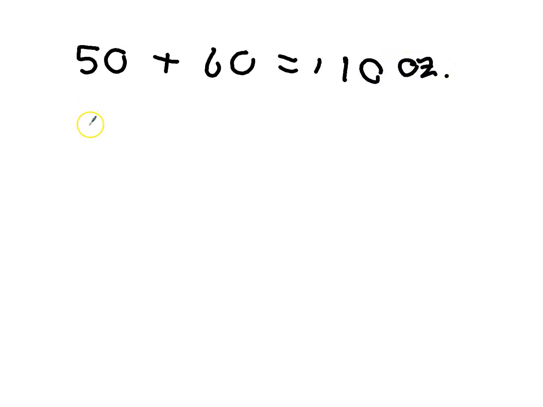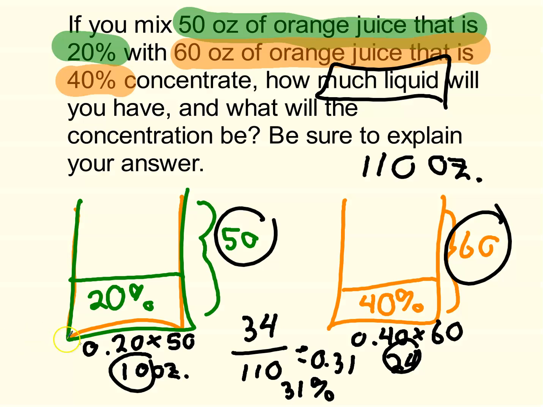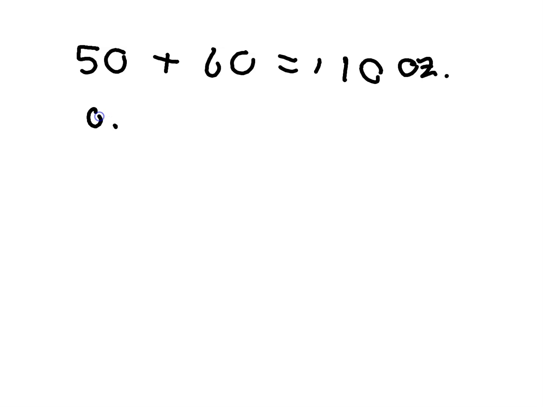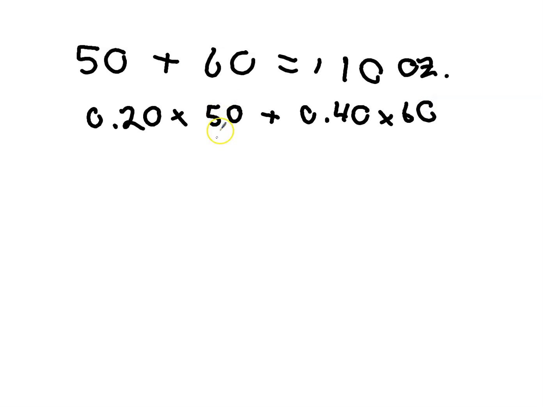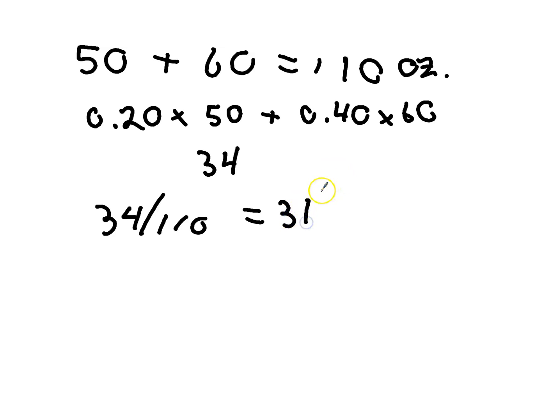And then I calculated 20% of 50 plus 40% of 60, and I calculated that up and ended up with 34. So 34 out of 110 is 31%.